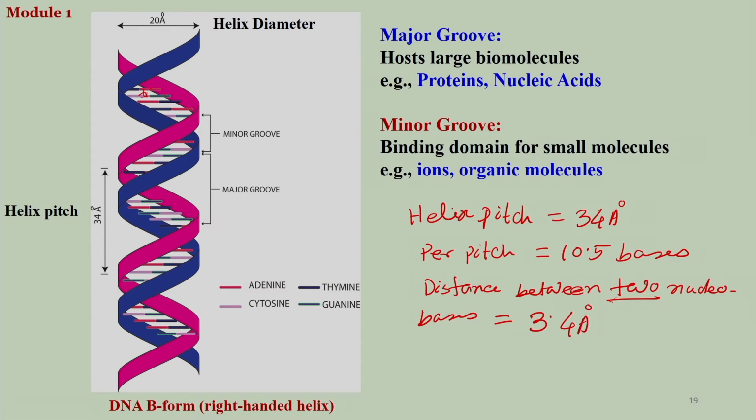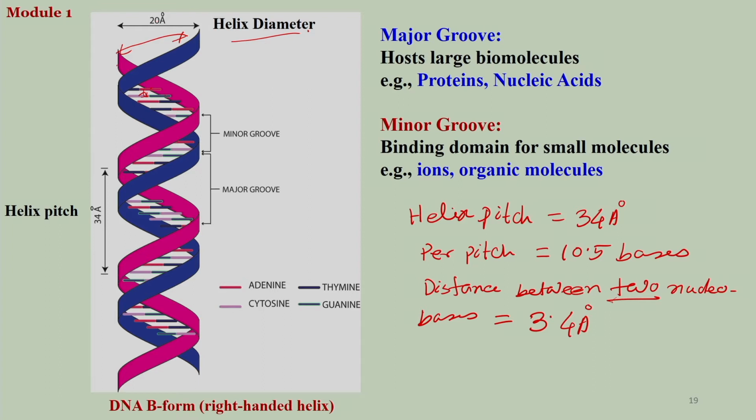And another important thing is the distance between the two helical moieties, the distance between two strands. One strand is represented by this pink, the other one by this purple one. This distance between the two DNA strands is known as the helix diameter. This is approximately 20 angstrom. So, that is how they are closed in.